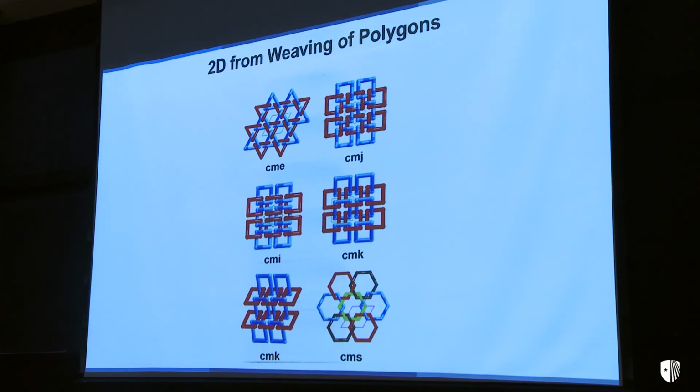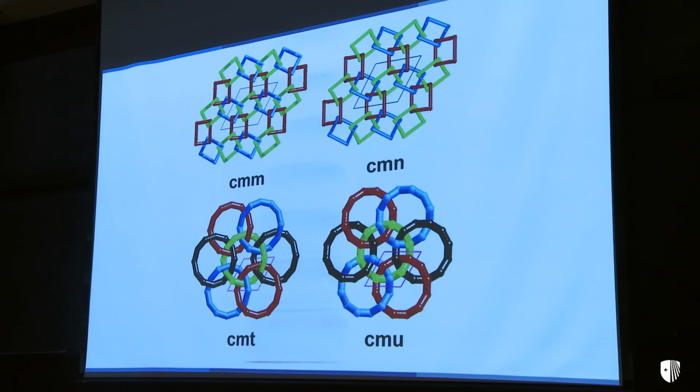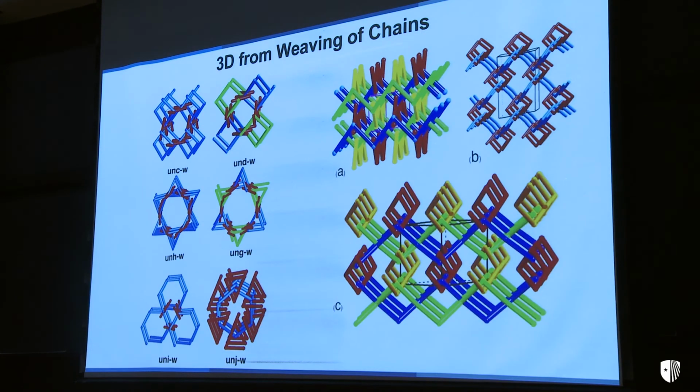Okay, so this is a whole new area of chemistry that combines the precision of molecular chemistry, the design of reticular chemistry, and the dynamics. So I'll just show you beautiful pictures of all the things that one ought to be able to do. There are many, so I guarantee you that any structure you can think of, any network, can be woven as long as you can control the angle between those intersections.